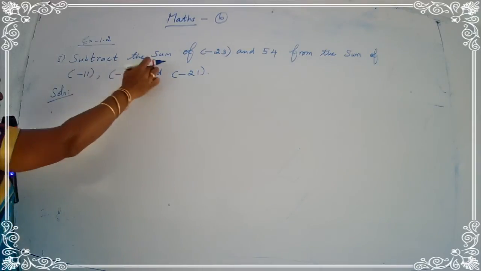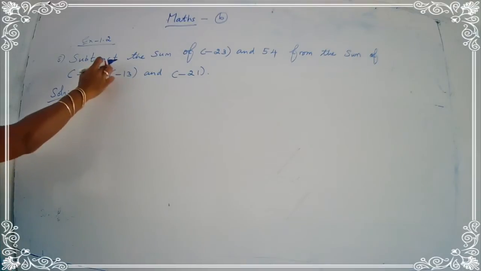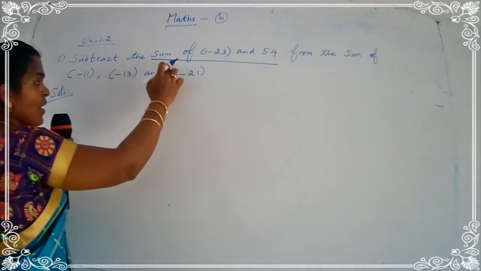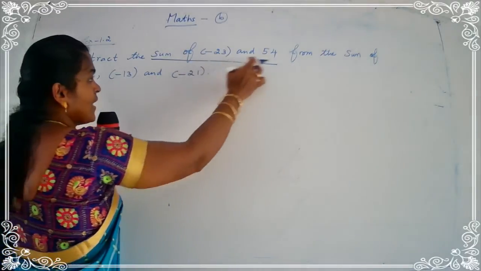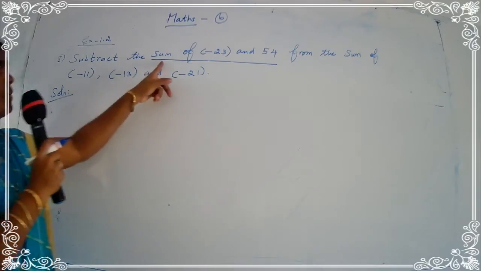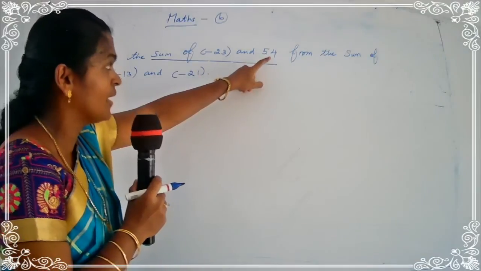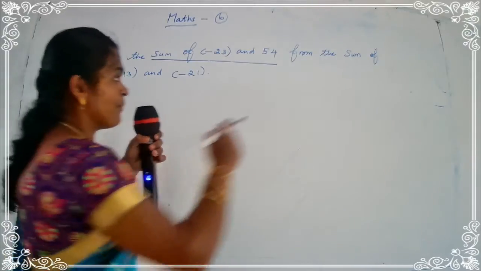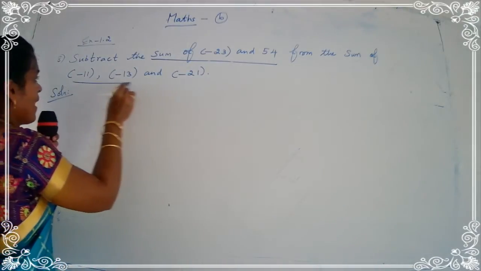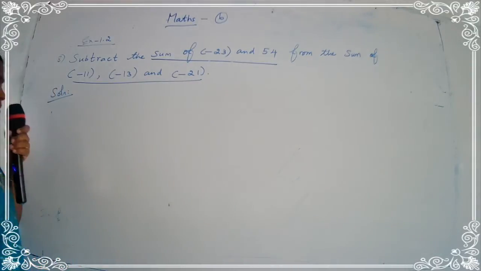So subtract the sum of, listen children, subtract the sum of minus 23 and 54. So first find the sum of minus 23 and 54, next the sum of minus 11, minus 13 and minus 21.